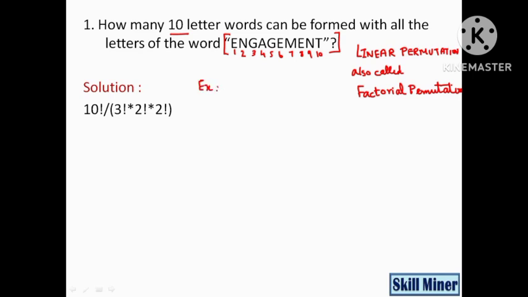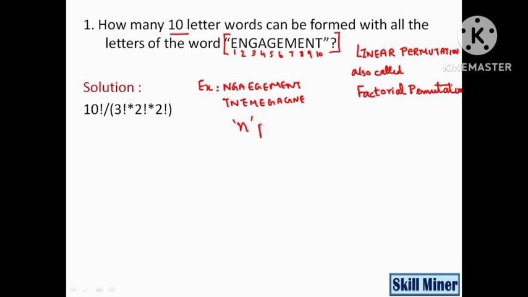For example, you can form NGAEGEMENT, or you can reverse it: TNEMEGAGNE. Like this, there will be n number of possibilities.